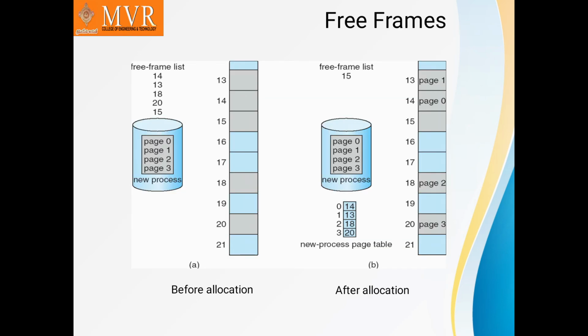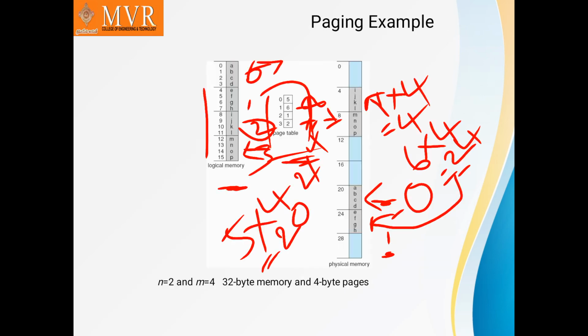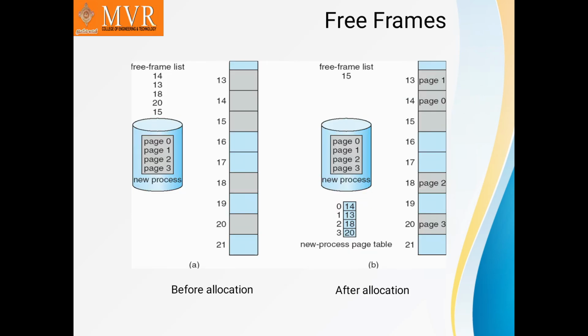These are the free frames. Frames that are empty we call free frames. Check here, before allocation and after allocation. See the picture, children. This is the new process with page 0, page 1, page 2, page 3, and the free frame list is 13, 14, 18, 20.